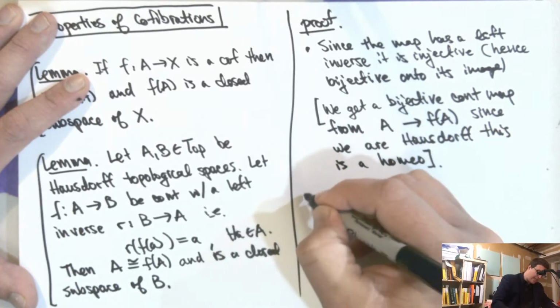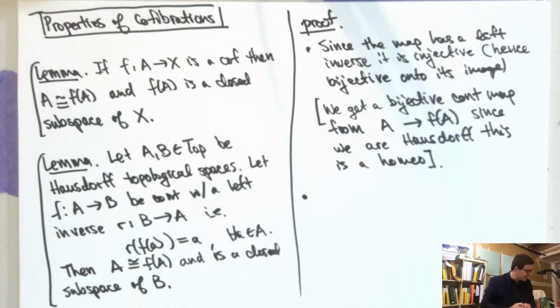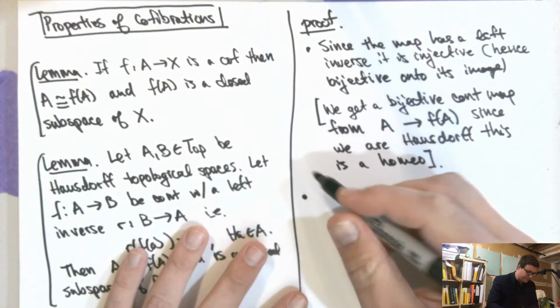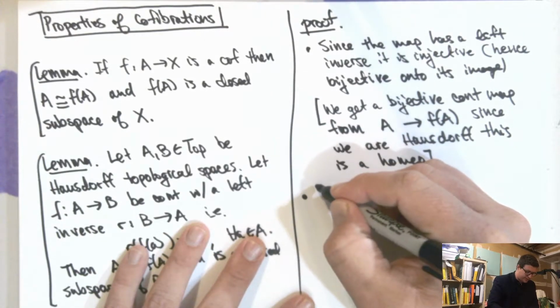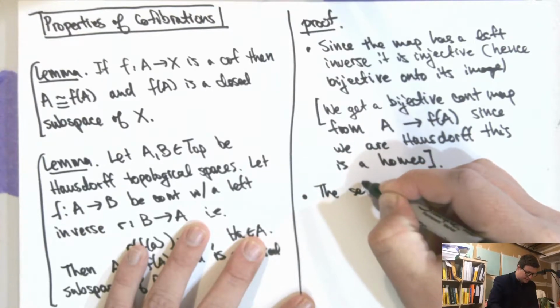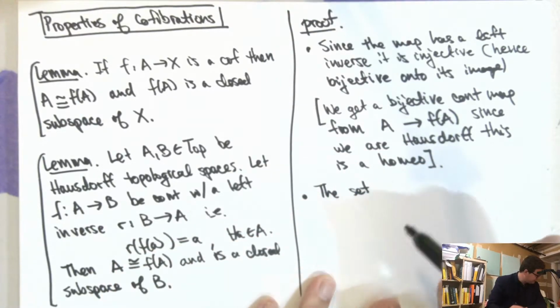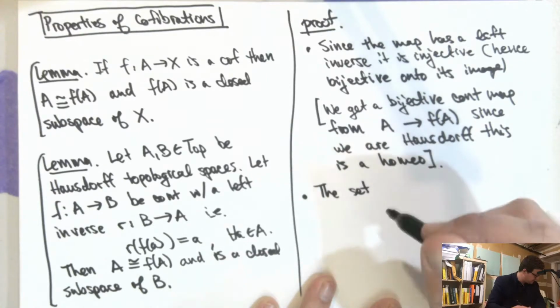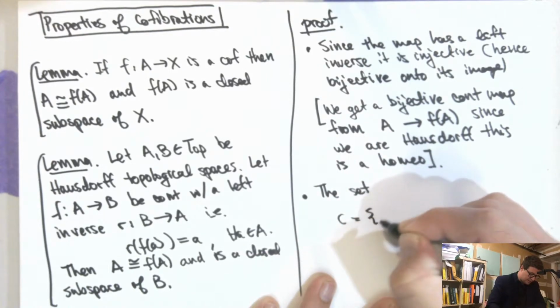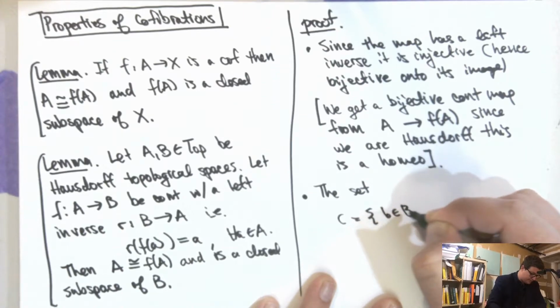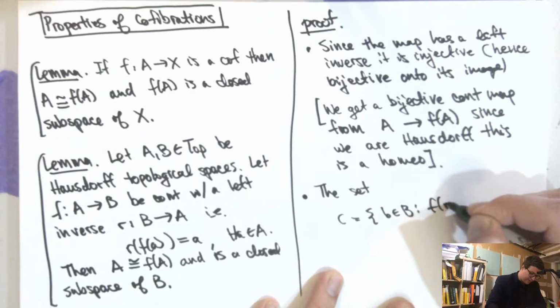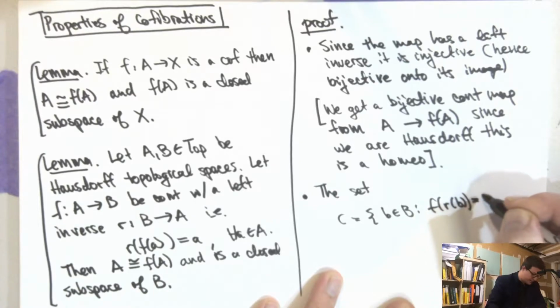Then we're going to use this Hausdorff condition yet again. One thing we did was show that bijectivity of continuous maps means homeomorphisms for Hausdorff spaces, but we'll use it again to get closedness. So consider the set C, the set of b in B such that f of R of b is equal to b.